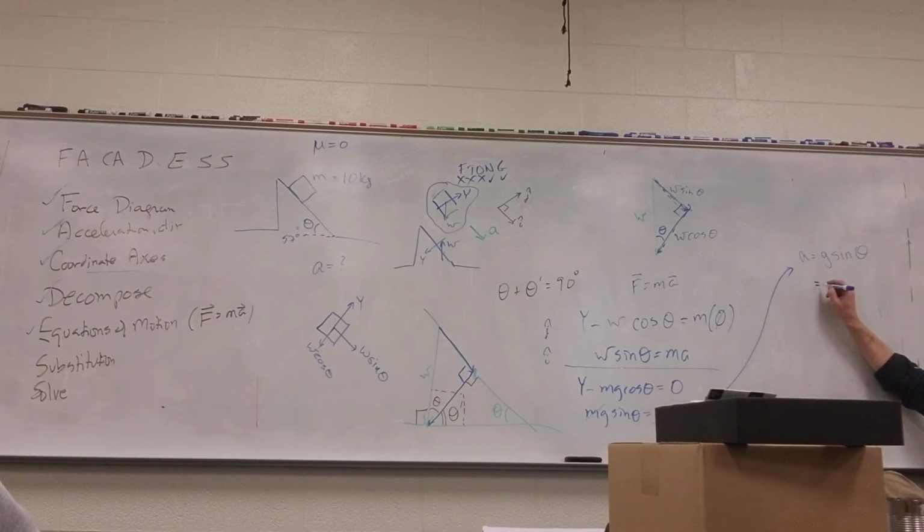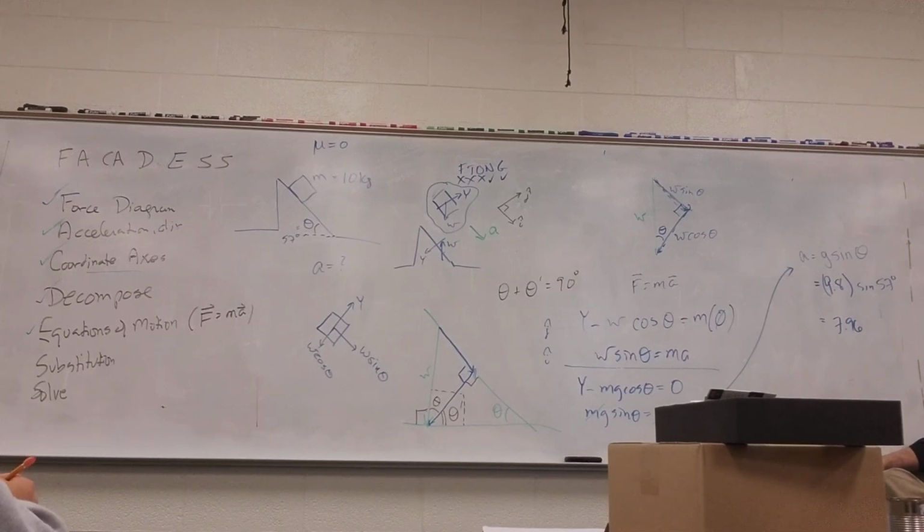Therefore, assuming this takes place on Earth, some generic place on Earth, 9.8 times the sine of 57 degrees, which is 7.96, meters per second. What is it? Meters per second squared.